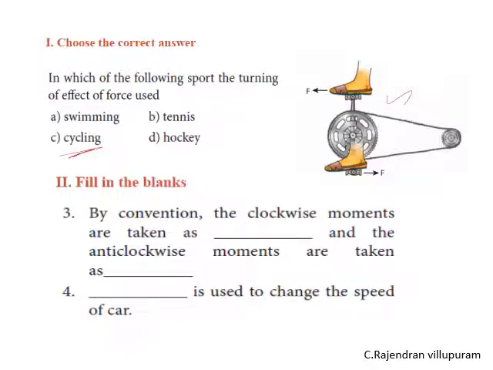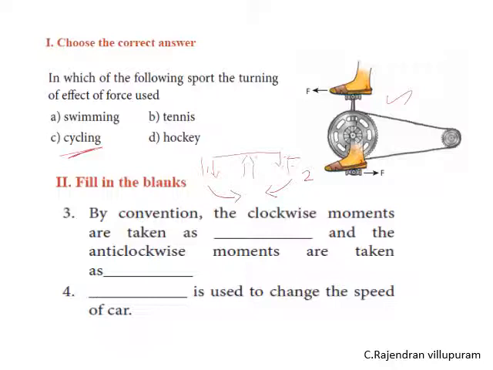Then fill in the blanks. By the convention, clockwise moments are taken as dash, and anti-clockwise moments are taken as dash. There is one rule. Suppose F1 acts like this and F2 acts like this. This will provide an anti-clockwise moment, and this provides the clockwise moment.